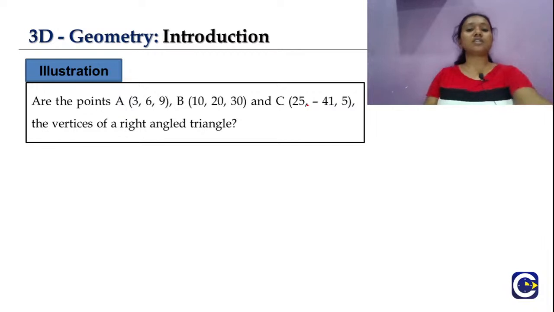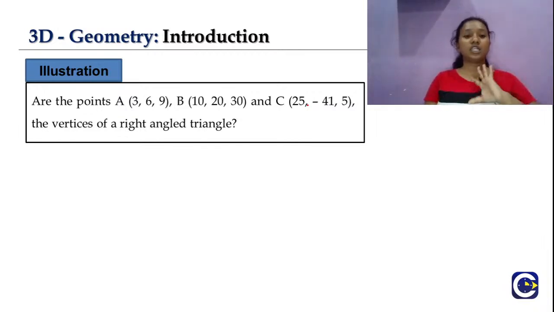You can test yourself to see where you are actually facing difficulty, like where you are making a typical calculation mistake. So quickly do this part, guys, and let me know the answer, whether these points form a right angle triangle or not. That's what you have to verify.